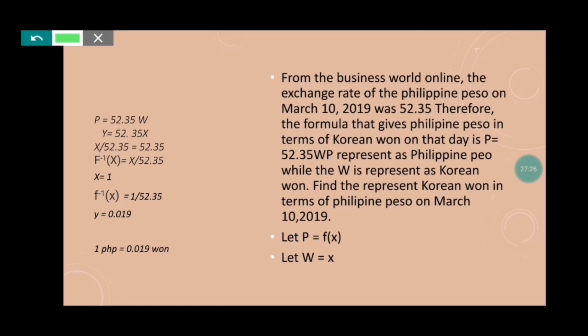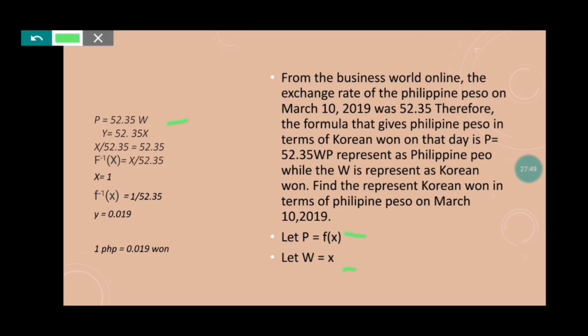Find the Korean won in terms of the Philippine peso on March 10, 2019. Now, let P be f of x and let W be x. Now, that will be P equals 52.35W.